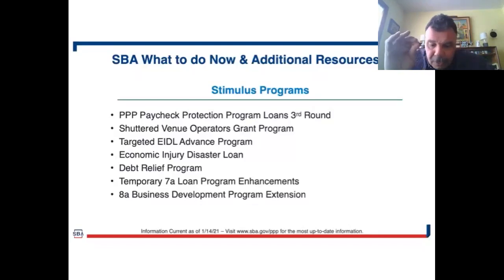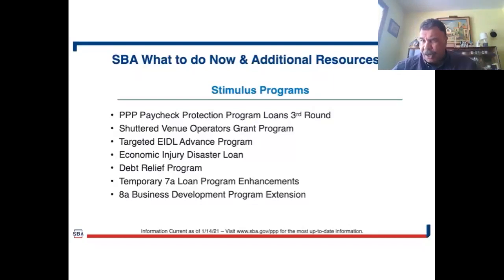You see, the SVOG grant is a pure grant program, whereas with the PPP, you had to satisfy certain conditions to be forgiven for the entire amount. With the SVOG program, if you're an operator, you have to show that you had a decrease in revenues of at least 45% of your gross revenues, and I believe that is as of February 29th of 2020.